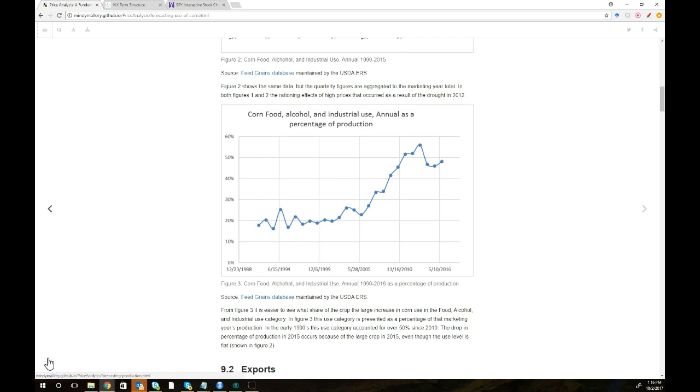So even as total production has been trending upward over this time, we've seen even stronger demand from this category for ethanol production, and even with these increases in total production, we've had to shift an allocation in these use categories towards this category.